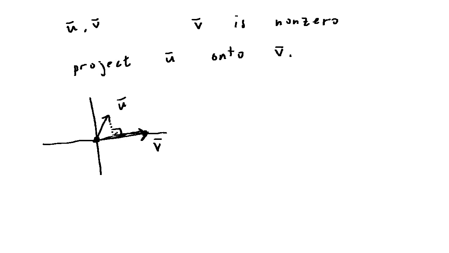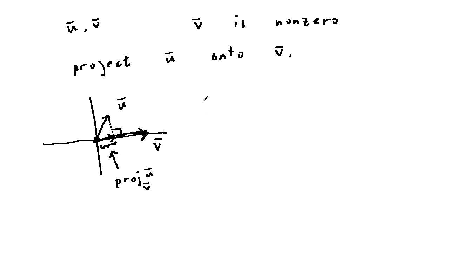Now, when you do that, you get this new vector, this little vector right here. And it's pointing in the same direction as v. This is called the projection of u onto v.